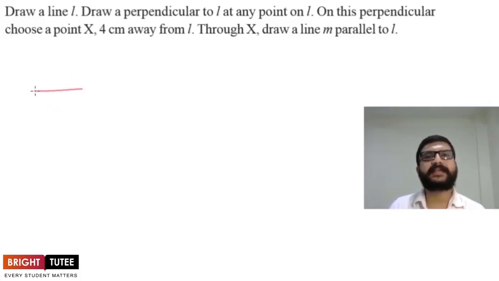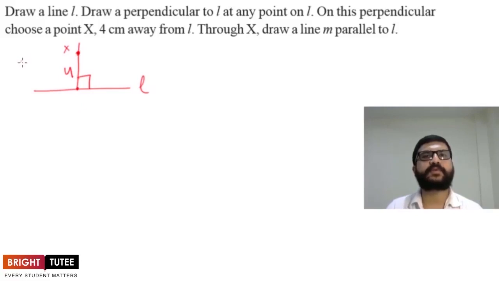We need a line L like this, and we take any point on this line L. Let's say we are taking this point and we draw a perpendicular from here like this. Now we take a point X which is 4 cm away from this line L. Let's say here is the point X. Now through this point we have to draw a line which is parallel to line L like this.